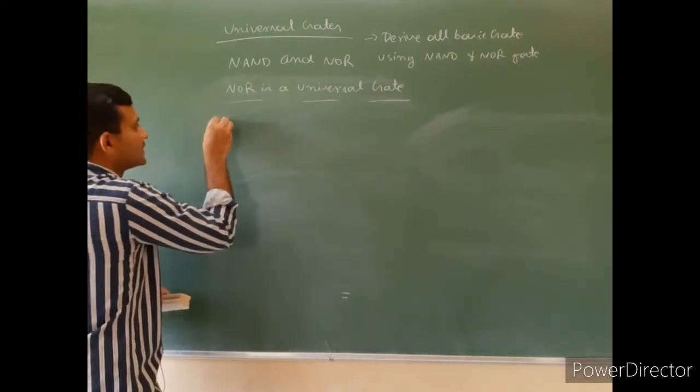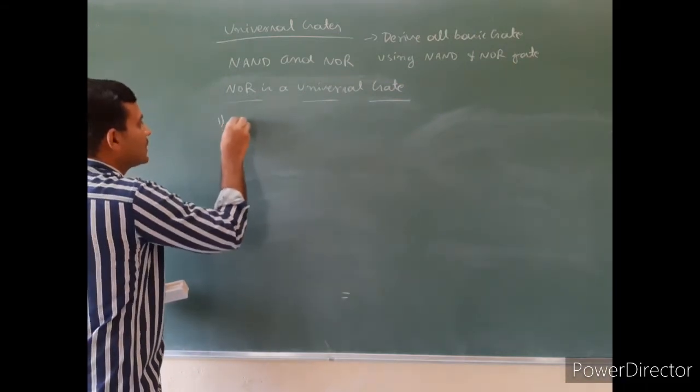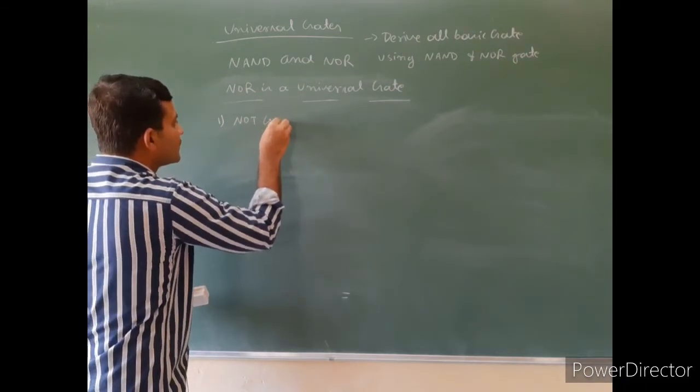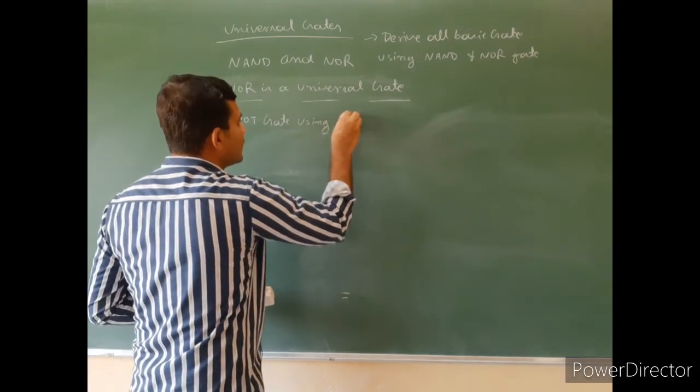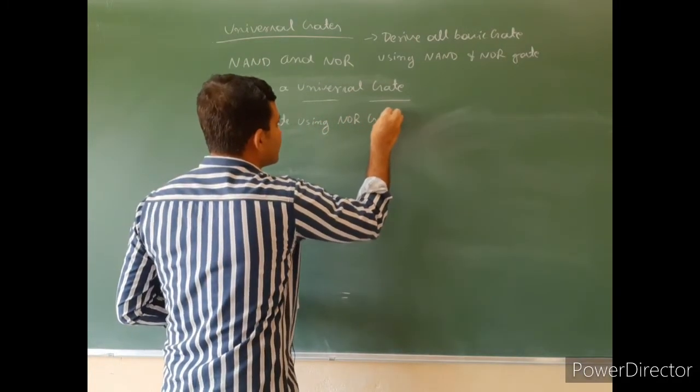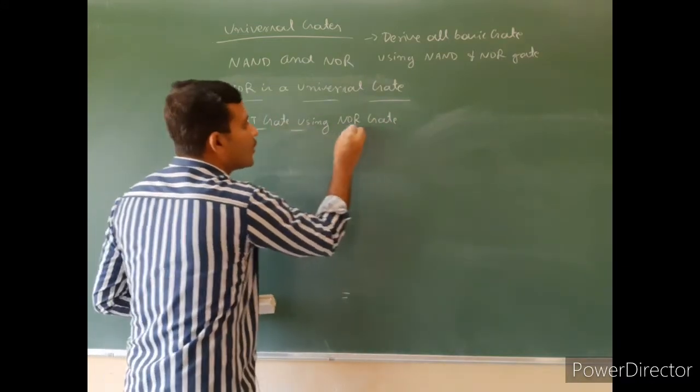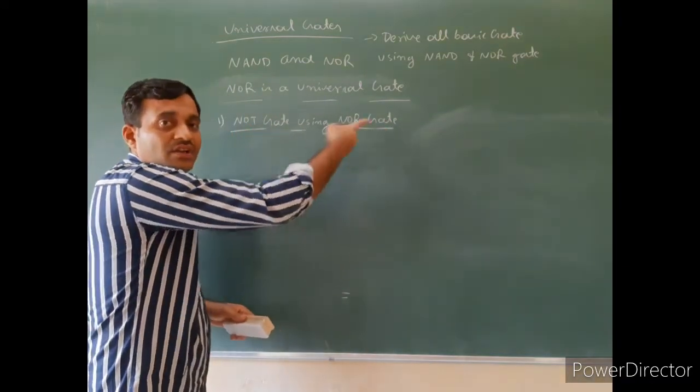How to prove? Consider case number 1. The first one is the NOT gate using the NOR gate. We have to prove the output of the NOT gate using the NOR gate.